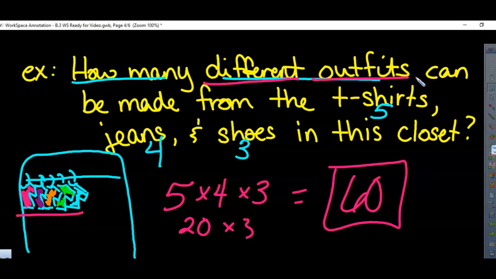Now, if you want to go ahead and draw that tree diagram, go for it. Be my guest. But the whole point of the fundamental counting principle was to prevent all that tedious work, because after we did so many of them, we found this pattern.